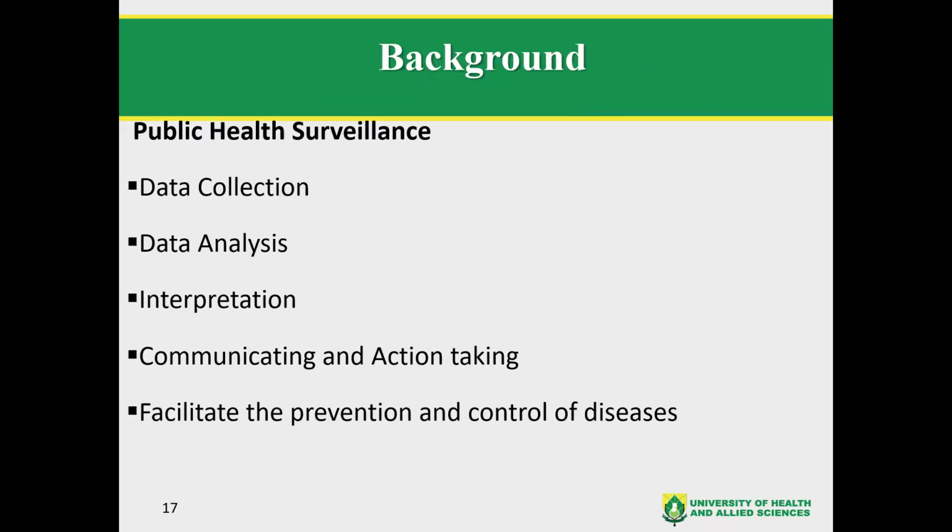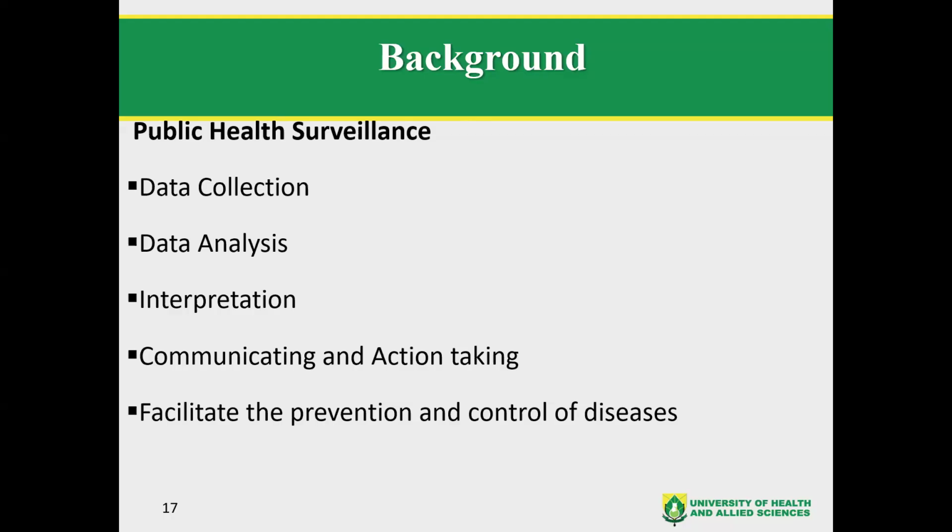This is just like a research. You have a background of what you want to do: low usage of surveillance data. First of all, you look at public health surveillance, which involves data collection, analyzing the data, interpreting the data, communicating it, and using it to take action, and then facilitating prevention and control. This is the background, the main aim of public health surveillance.